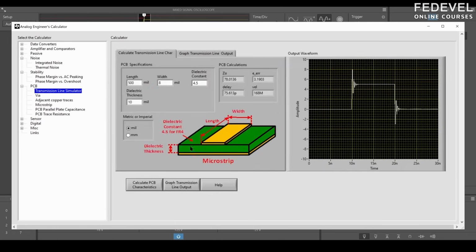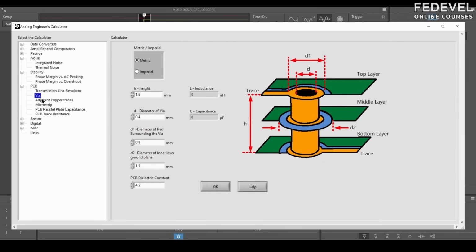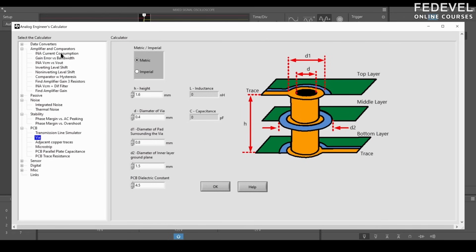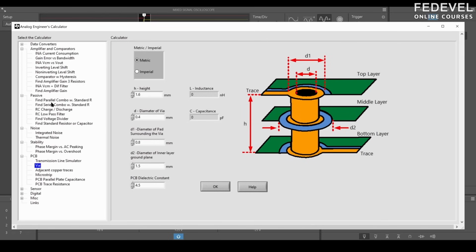My favorite one is this one. A lot of these tools are found elsewhere as well. I use the via inductance calculator a good amount, but they're fairly standard. There's tools for A to D converters, tools for amplifiers, various different tools.